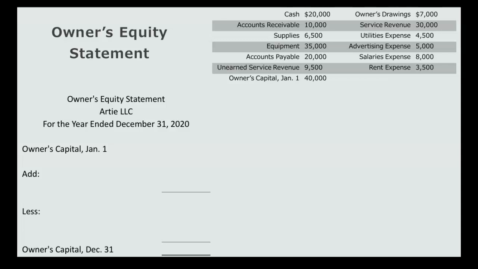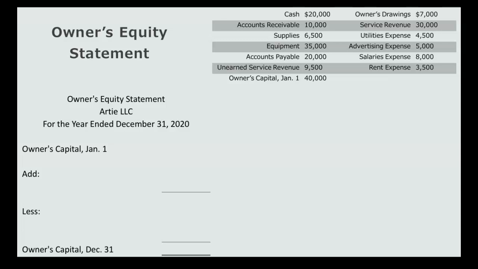Now, the 2 different pieces that can be included on the less category, or what's going to be subtracted here on an owner's equity statement, are any owner's drawings, right? So whenever an owner takes money out of the business for their own personal use, and a net loss.